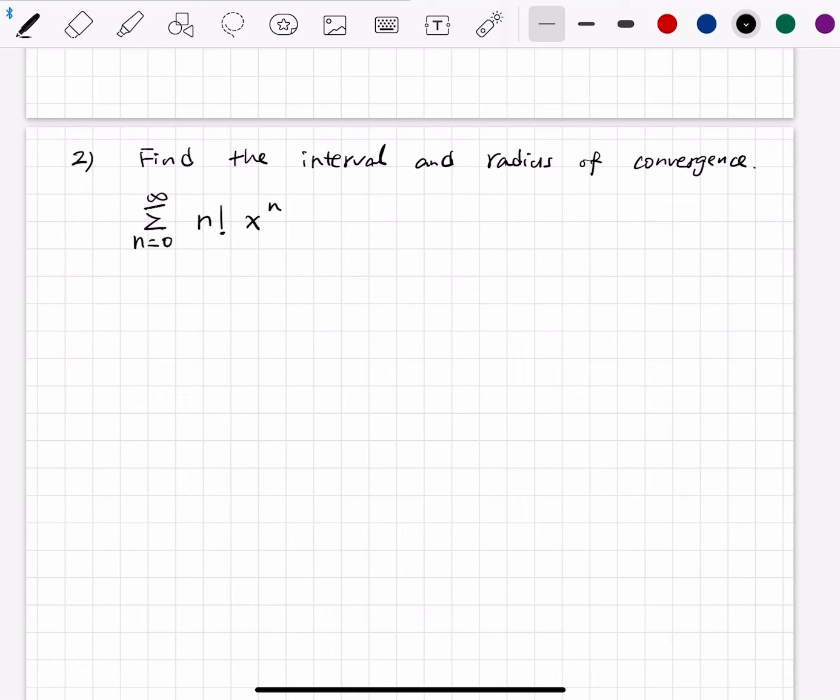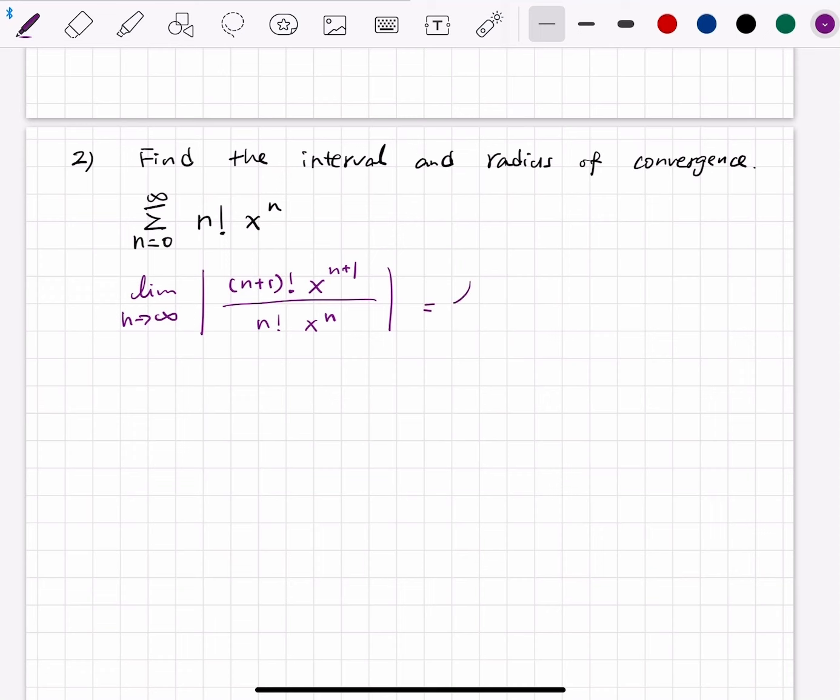So we're going to take the limit as n goes to infinity of (n plus 1) factorial times x to the n plus 1 over n factorial times x to the n.